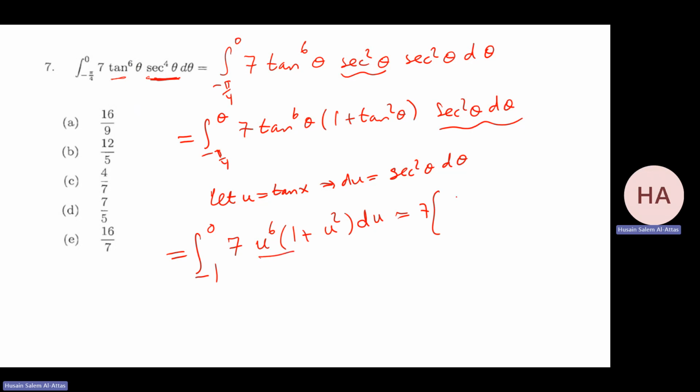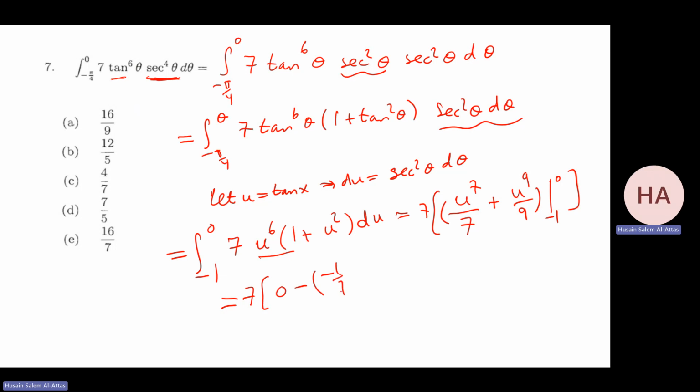U to the power 6 becomes u to the power 7 over 7, and I have u to the power 8 plus u to the power 9 over 9. But from where to where? From minus 1 to 0. That will give me 7 times 0 minus what?